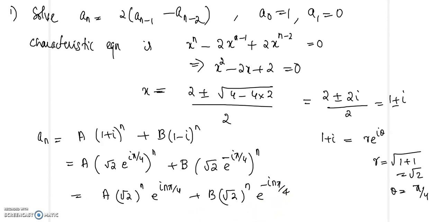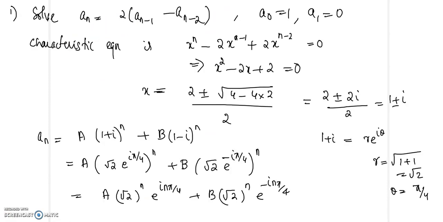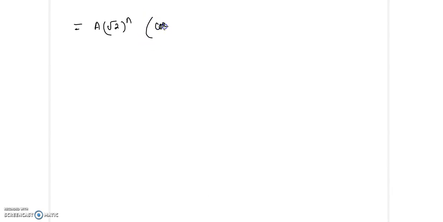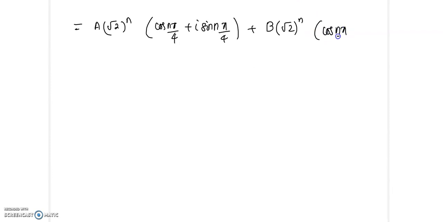So that can be written as a (root 2)^n (cos n pi by 4 + i sin n pi by 4) plus b (root 2)^n (cos n pi by 4 - i sin n pi by 4).